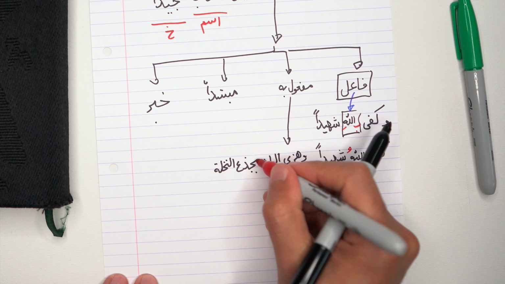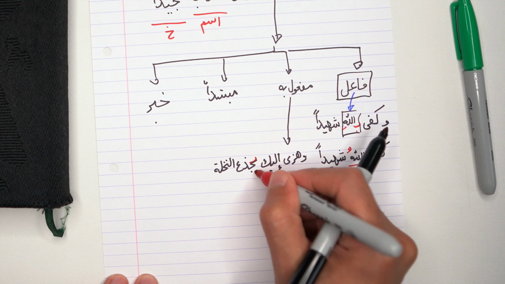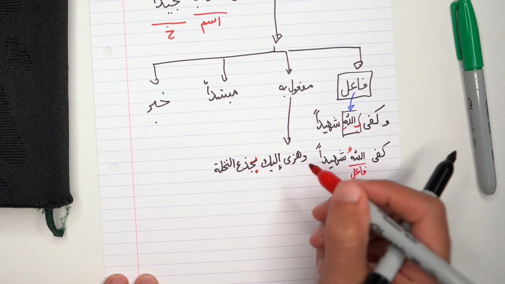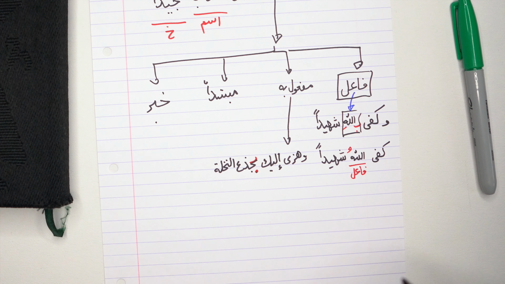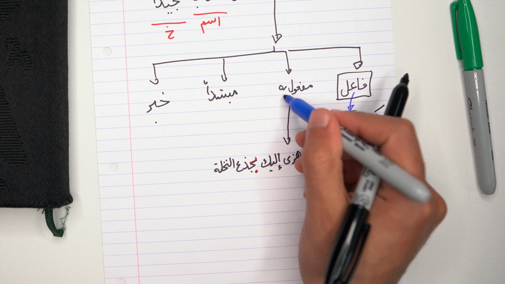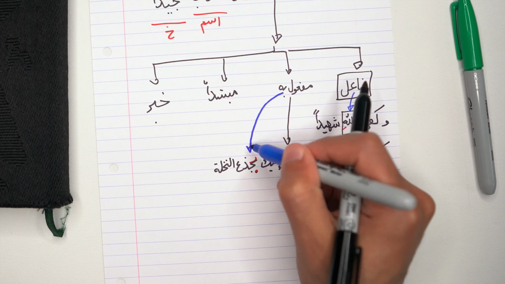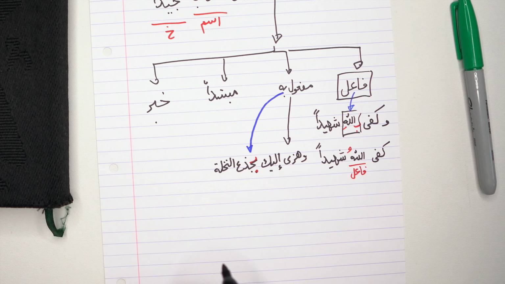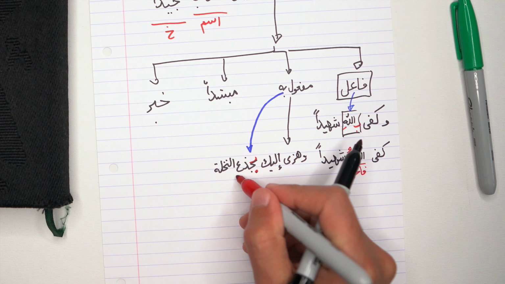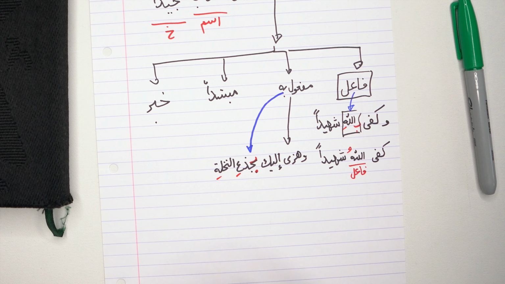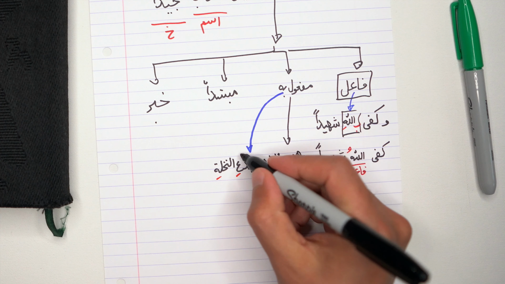Actually, I should have made this red, shouldn't I? Okay. Right. So, what's the maf'ul bihi is actually over here. This is the maf'ul bihi. Right? So, this bijid'i النخلة, okay? This word over here is actually the maf'ul bihi.